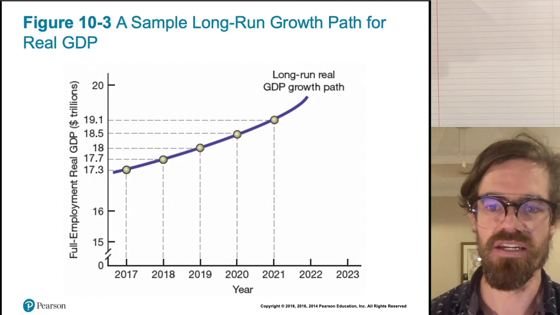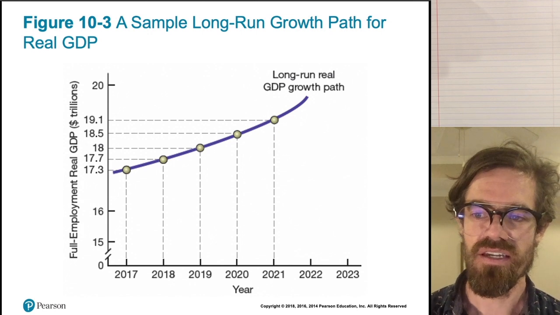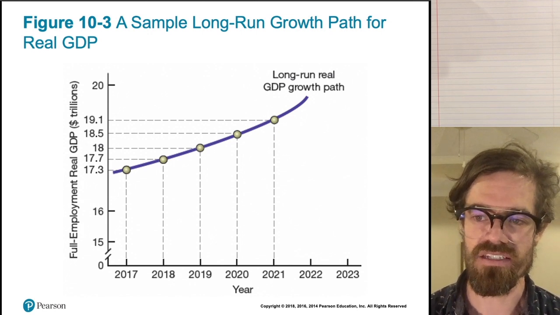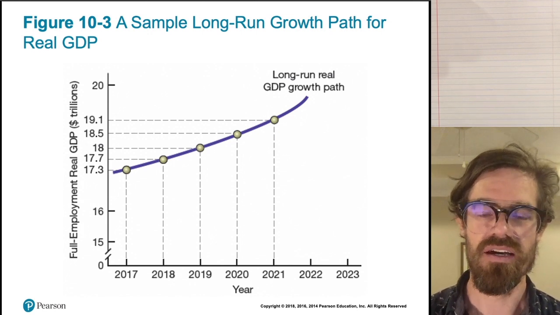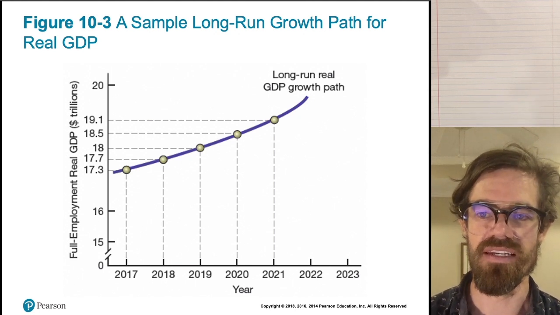Okay, so that's what you're seeing here: full employment real GDP on the y-axis, and time or years on the x-axis. So over time, our economy here in the U.S. typically grows at a pretty steady rate.